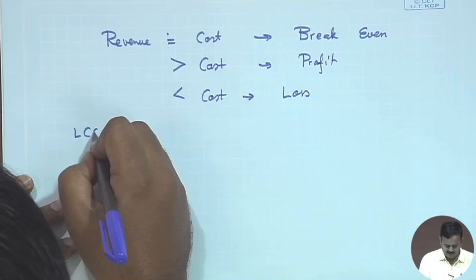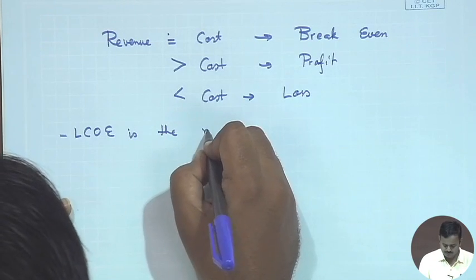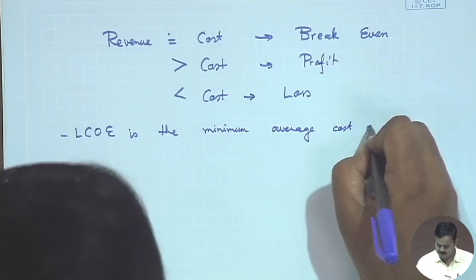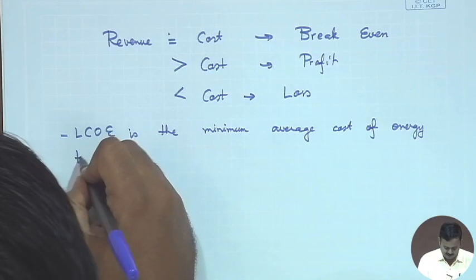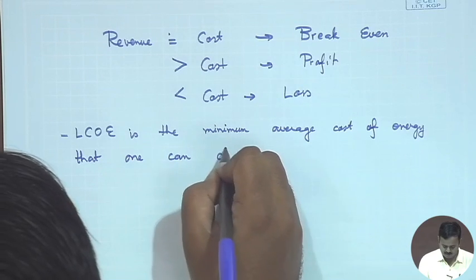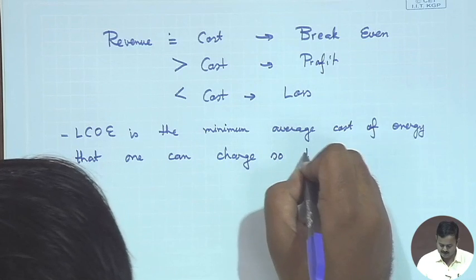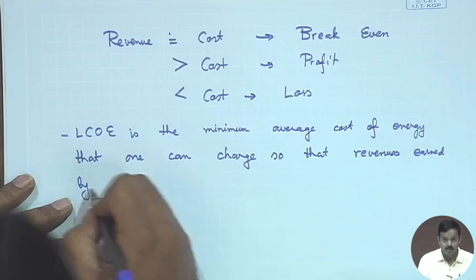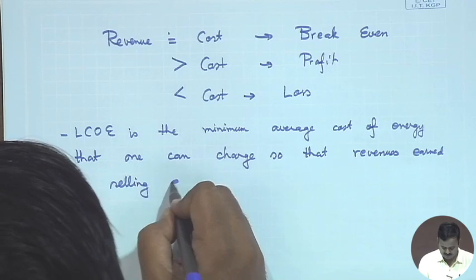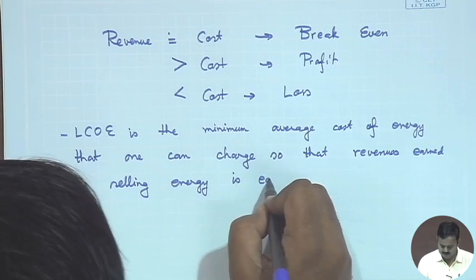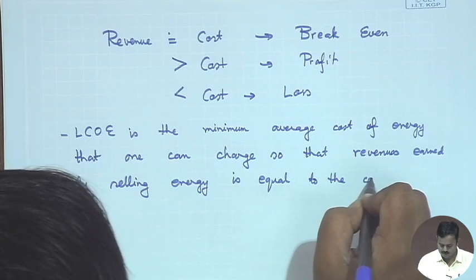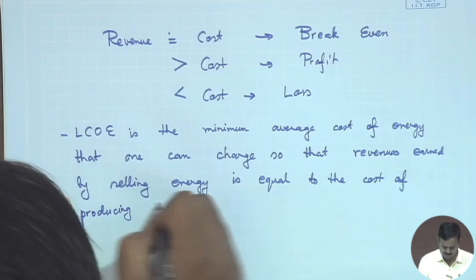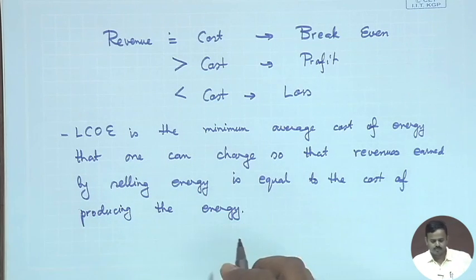So, therefore, as I said, you can also think of LCOE as the minimum average cost of energy, of course, that one can charge so that revenues earned by selling energy is equal to the cost of producing or generating the energy, right.